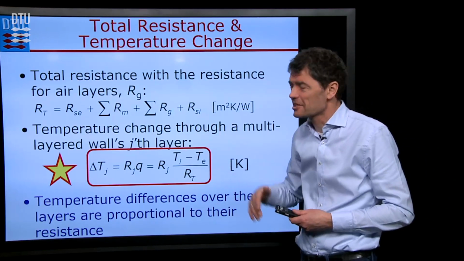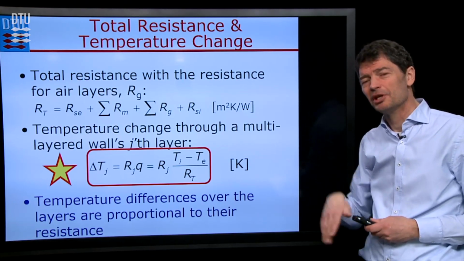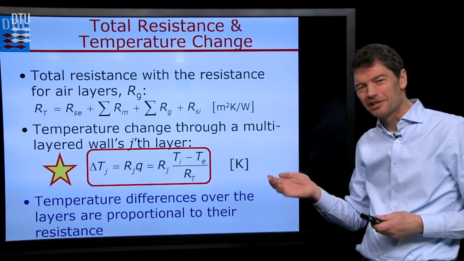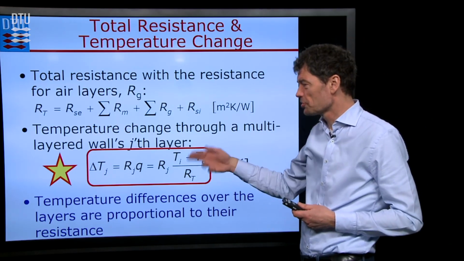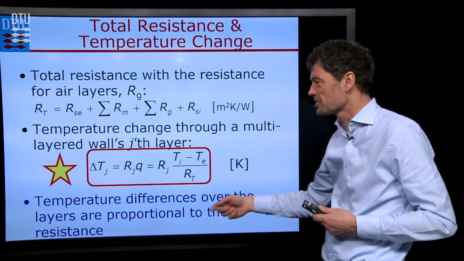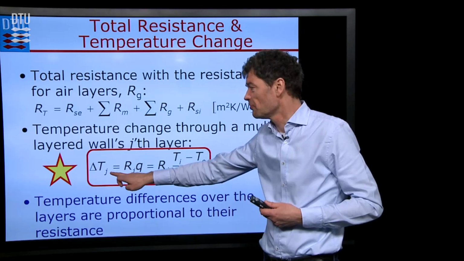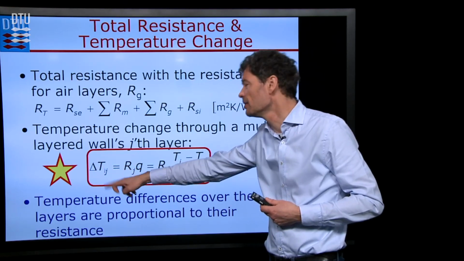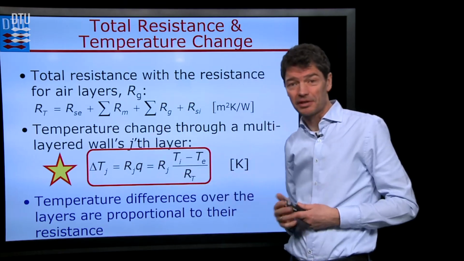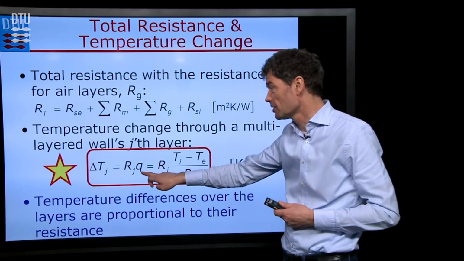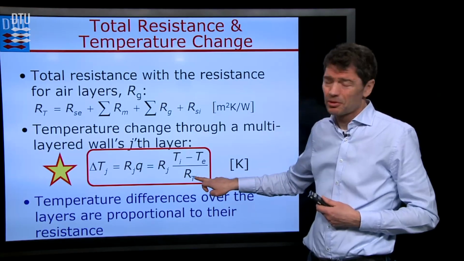The last thing we are interested in is to calculate a temperature distribution through our wall, so we can know the temperatures somewhere in the middle of the wall. To do so, we use the mechanism that over a certain layer, for instance layer number J, the temperature difference is the thermal resistance of that layer multiplied by the heat flux that goes through the wall. And the heat flux is the temperature difference over the wall divided by the total resistance.